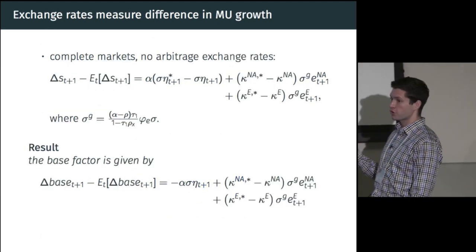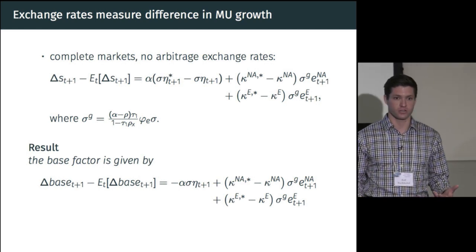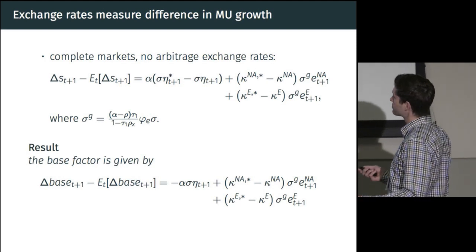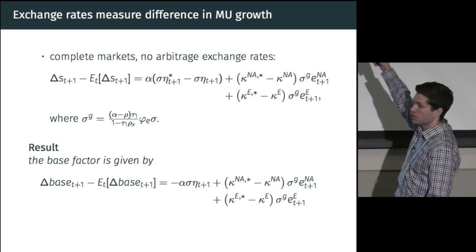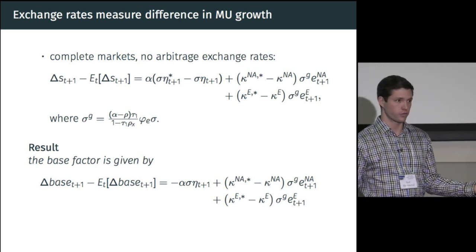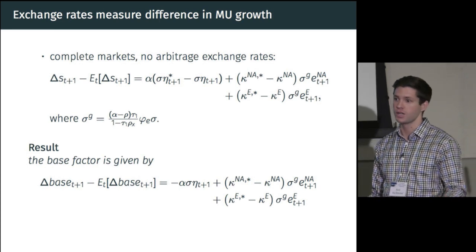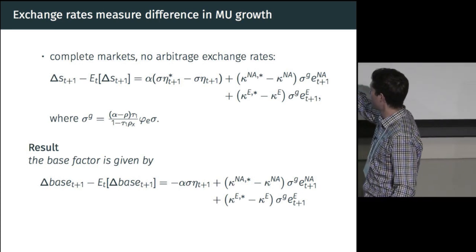So we just go through the same exercise that we had at the beginning. We use complete markets exchange rates, which are just differences in the marginal utility growth across countries. And these are related to differences in exposure between the home country and the foreign country. Now we can get rid of the idiosyncratic shocks to the foreign country by averaging over all of these bilateral exchange rates and calculating our base factor.